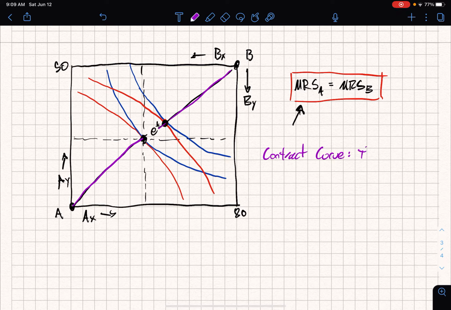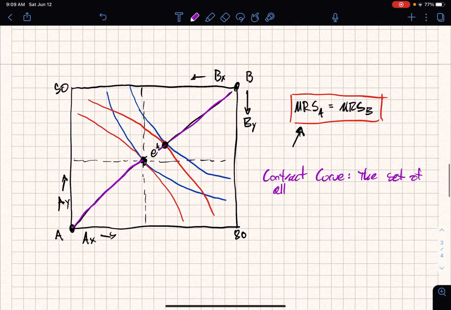And this is the set of all Pareto efficient allocations. Okay, so this is pretty cool.